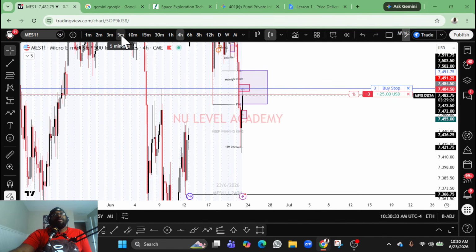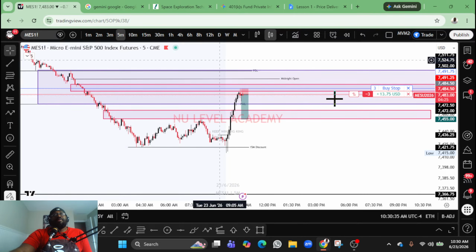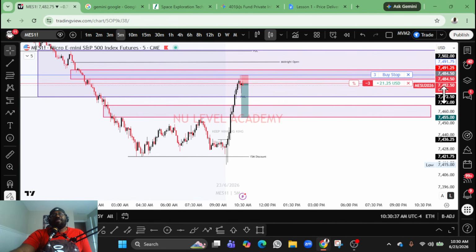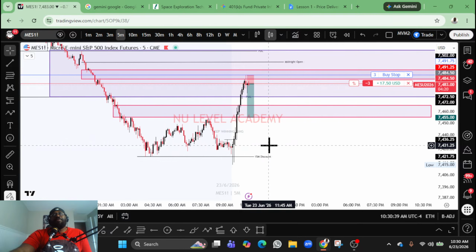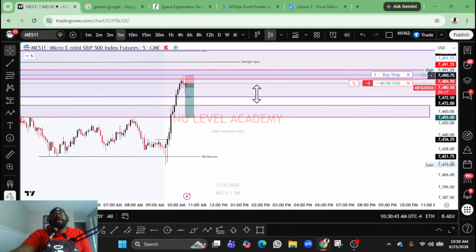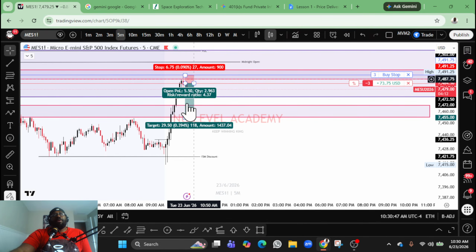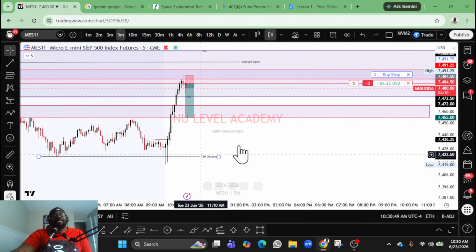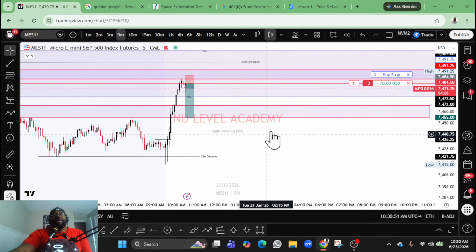Okay, so that's the reason for that. Reacting off of the 4 hour reversal, 50% consequent encroachment. That's why we have this perfect shaded area, and that's why we have our key levels marked out that are important to us based upon that.